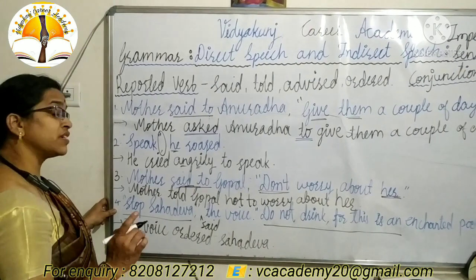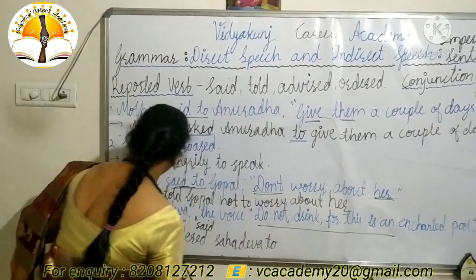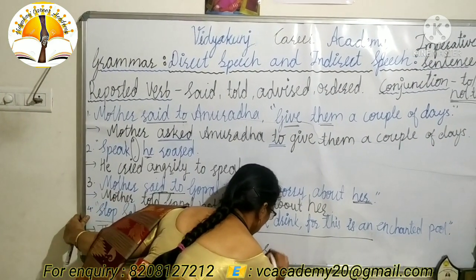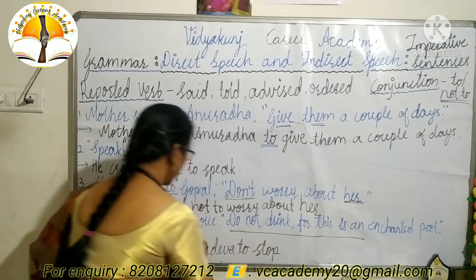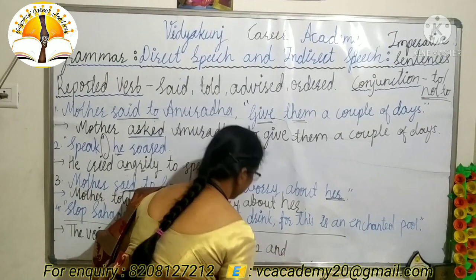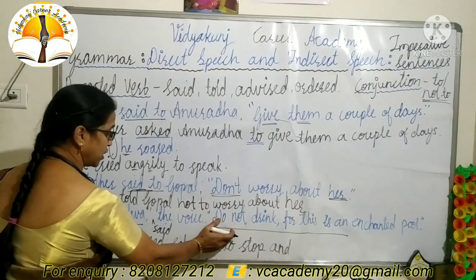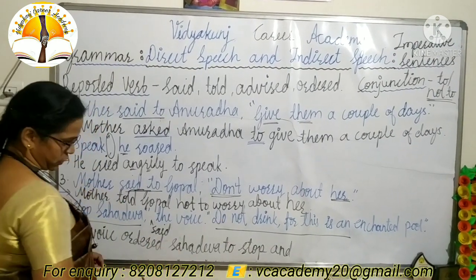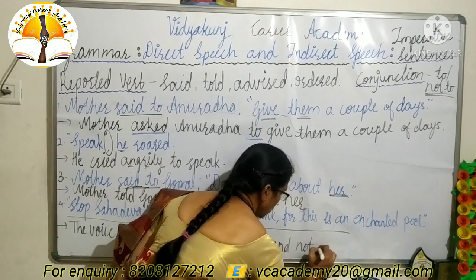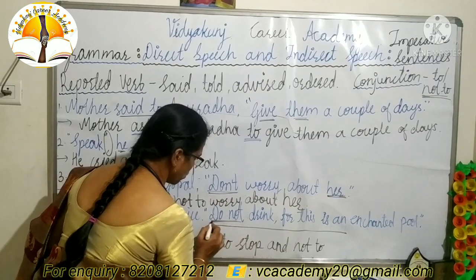Now I have to use a conjunction. Now I will write to. This one first you have to see: to stop. And for the further reported speech, to combine these reported speech I have to write and not to. Why have I used not to? Because here it is do not.